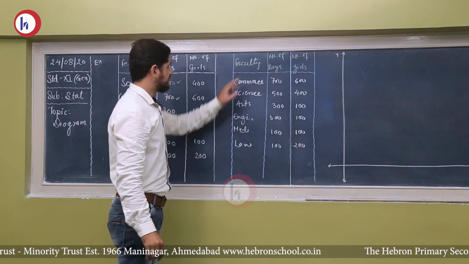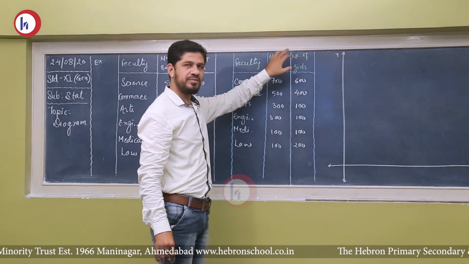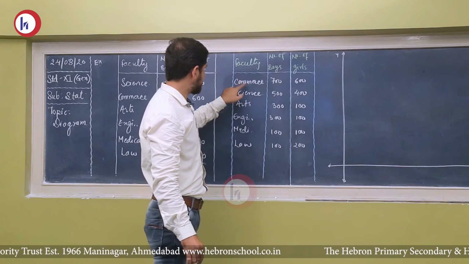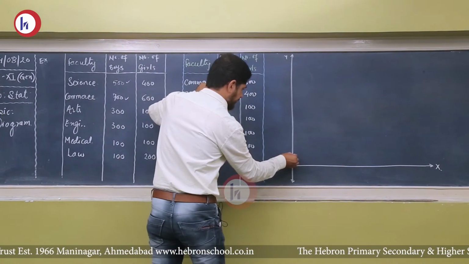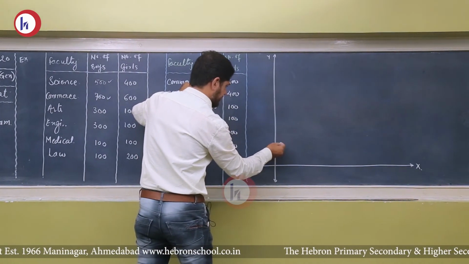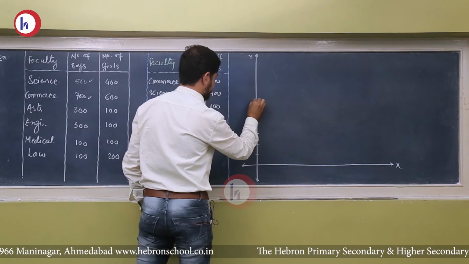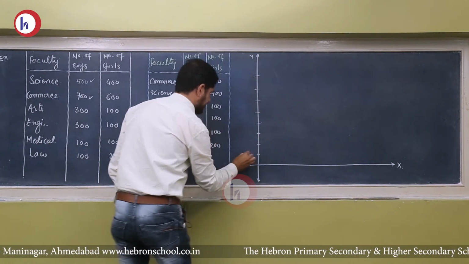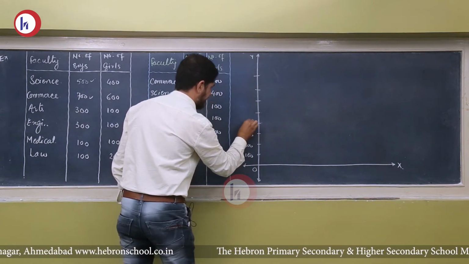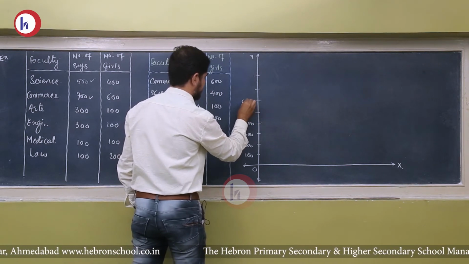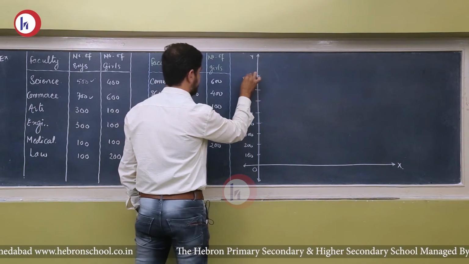On the x-axis we represent the faculties, on the y-axis we represent the number of boys and number of girls. Now the highest number of boys is 700, so we will take 100 as the difference. Starting with origin, 100, 200, 3, 4, 5, 6, 700 and 800.